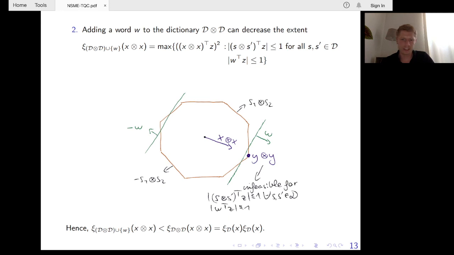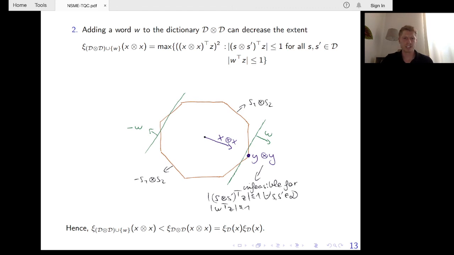You can see it here in the small picture. If you add this hyperplane induced by the word W that you added to your dictionary, then this point might become infeasible. And in this case, you simply decrease the extent of x tensor x when you add this word to your dictionary. So the extent with respect to this dictionary of x tensor x is smaller than the product of the extents here. And this is essentially the main idea that we use in our proof.